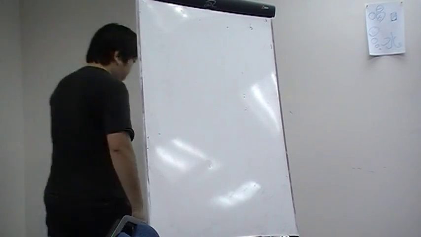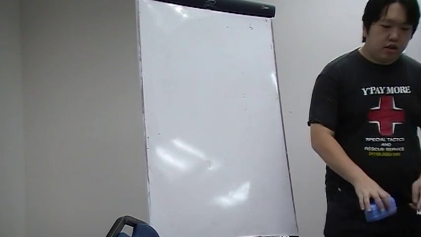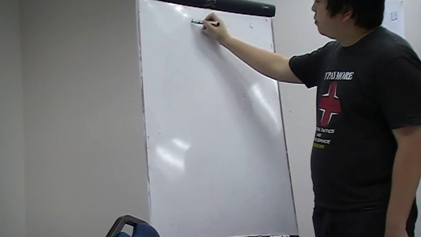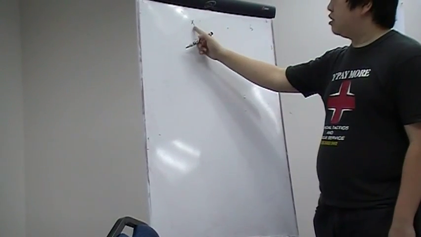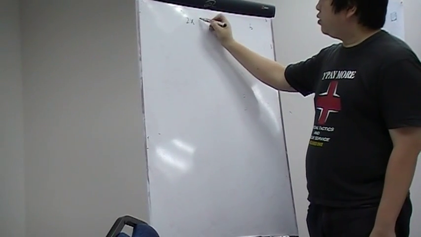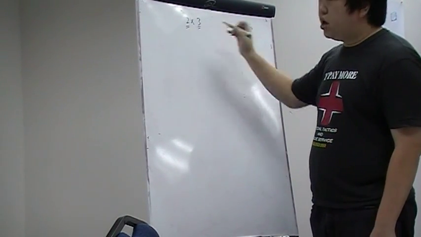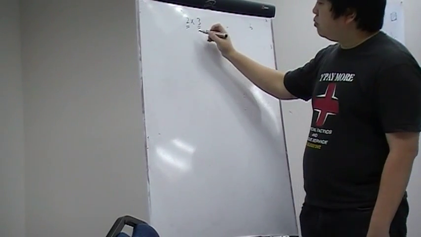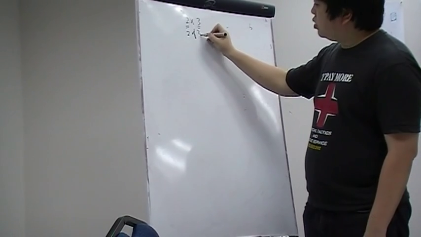Can factorize the negative out. The idea is what's the meaning of times? If you say 2 times 3, do these two numbers have the same meaning? Not really. When you say 2 times 3, it says 2 of 3.